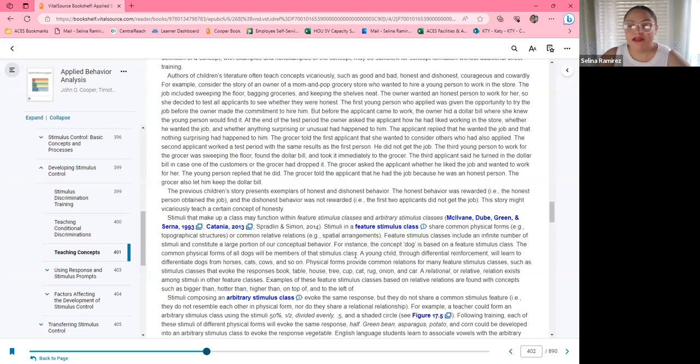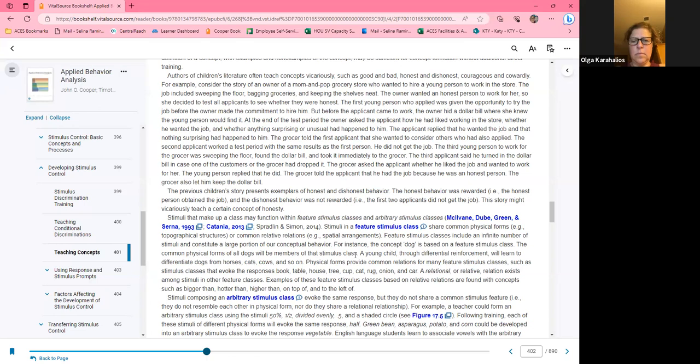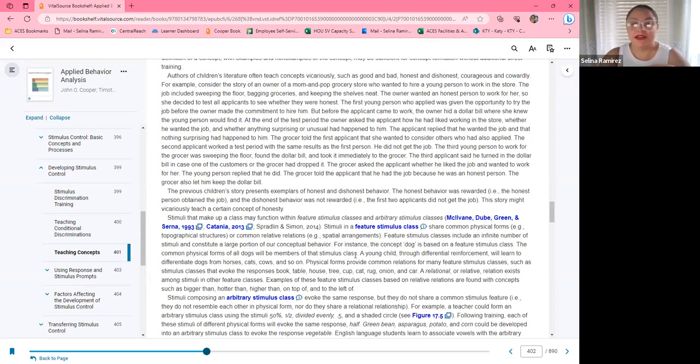You guys know that dogs have many different breeds, but because it looks a certain way, we know that it's a dog. So all those different Boxer, Doberman, Lab, they all share some common type of feature. So they are all in a feature stimulus class.